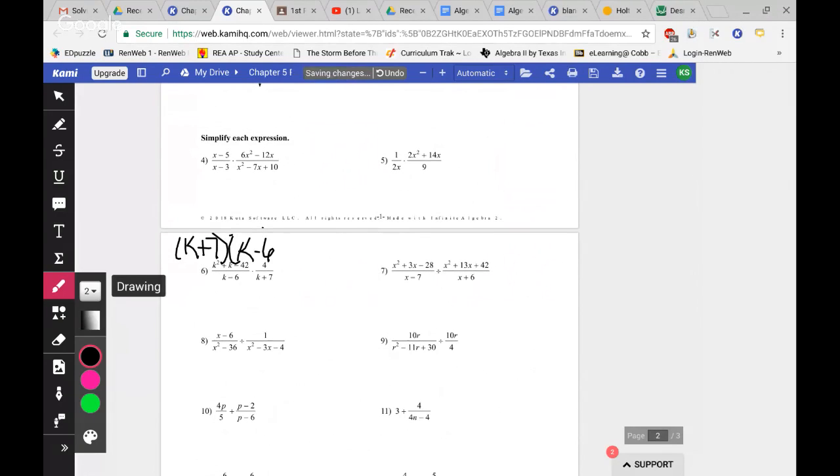So this cancels with that, and this cancels with that. And this, we factored into that. So the only thing left is a 4.